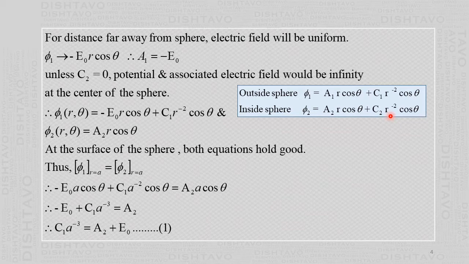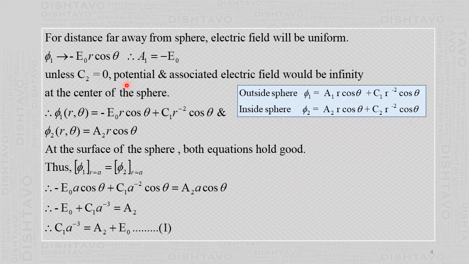C2 equals 0. Now inside the sphere, inside the dielectric, means at the center r equals 0. If r is 0, then dividing by 0 means it will become infinity. So C2 has to be 0, because if C2 is not 0, this term would be 1 by r raised to 2, that is 1 by 0, which is infinity.